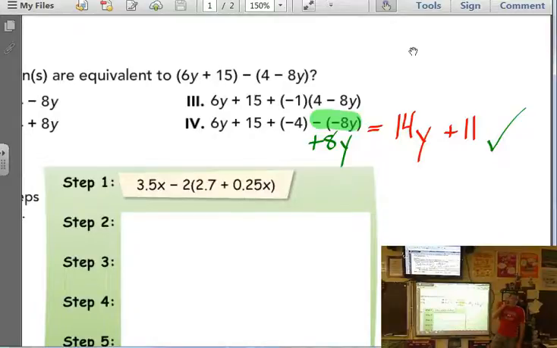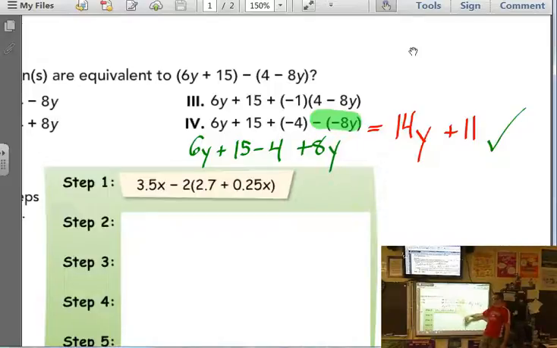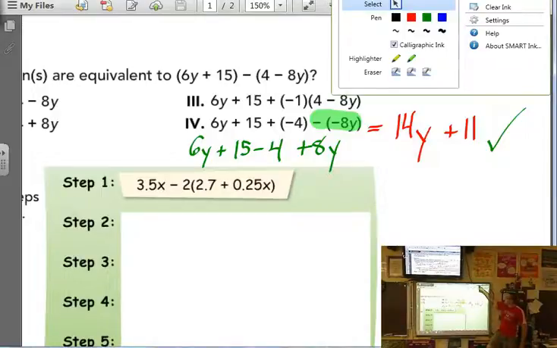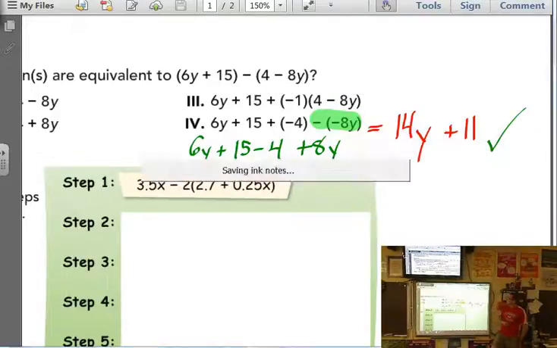But you can't add negative 4 and 8y. So if I rewrote this whole thing, it'd be 6y plus 15. Adding a negative, we clean up to subtraction; minus a negative, we clean up to addition. We always want to clean it up as we go. That's like boss right there, folks.